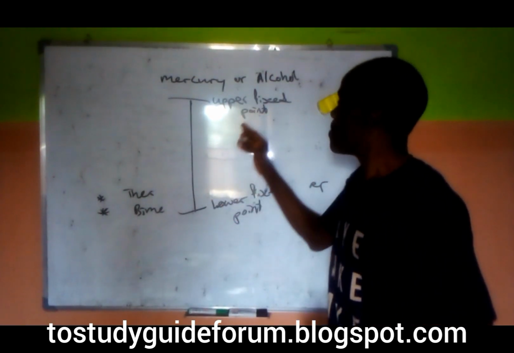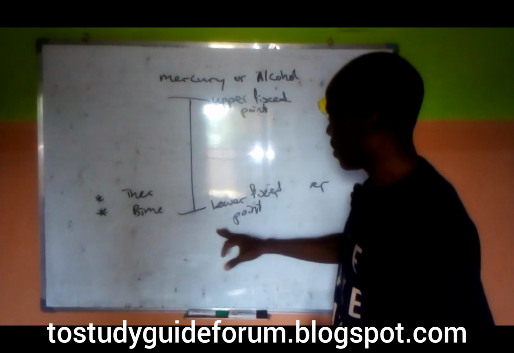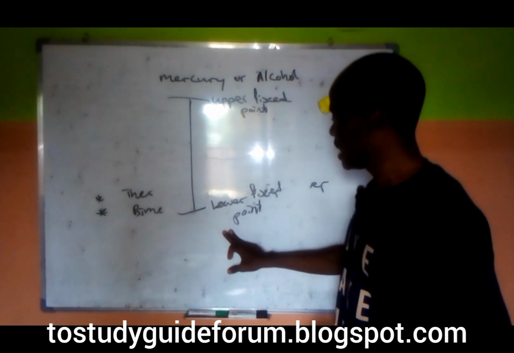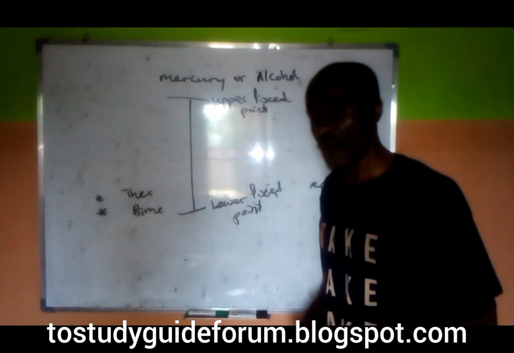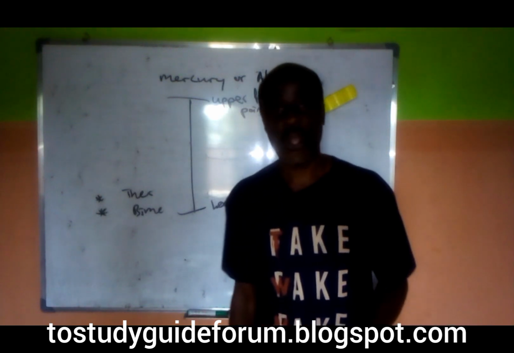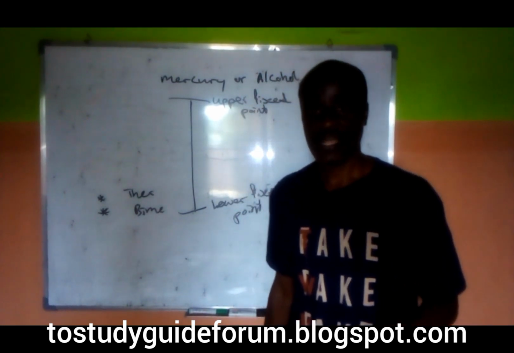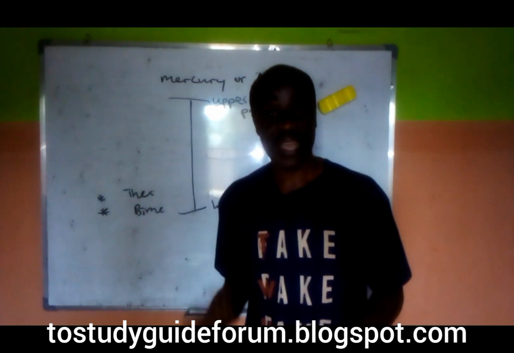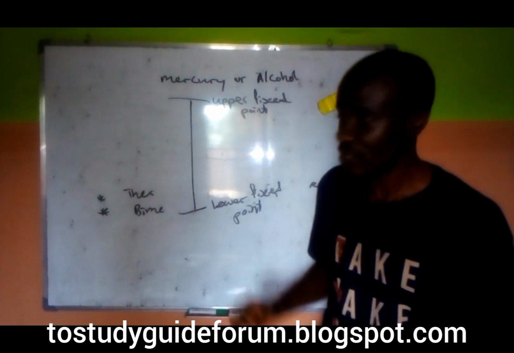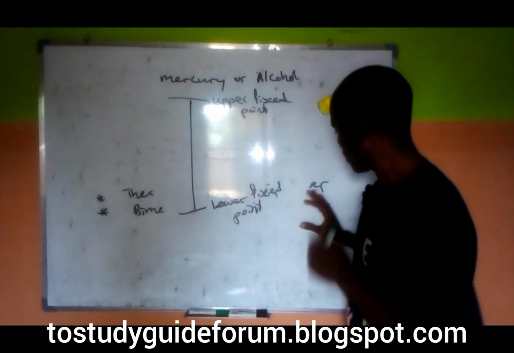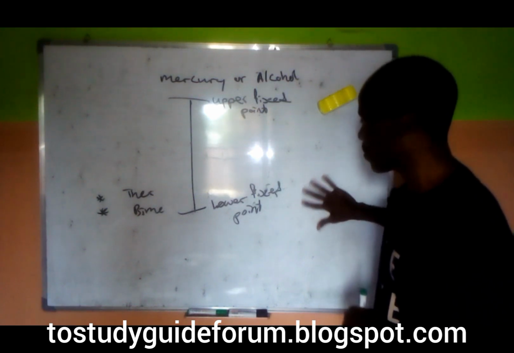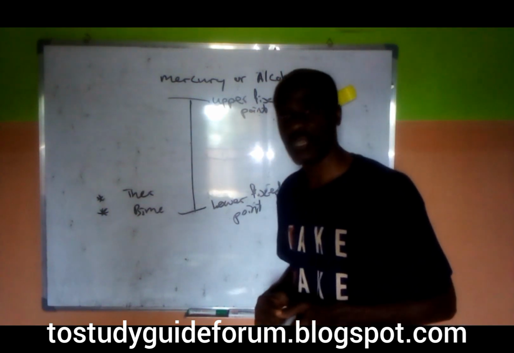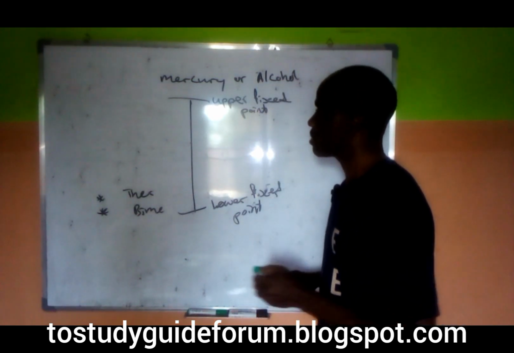So this other one, the lower fixed point, is the temperature of melting pure ice at standard pressure. At standard what? Pressure. That is also 760 millimeter mercury or 1 atmosphere.